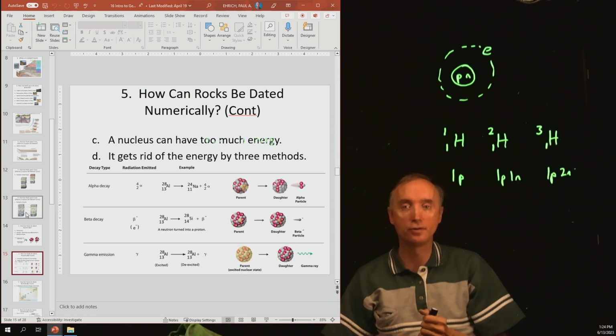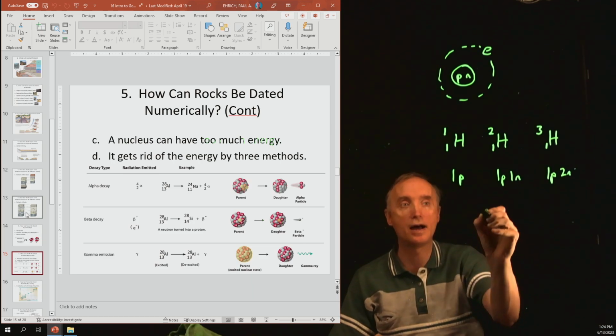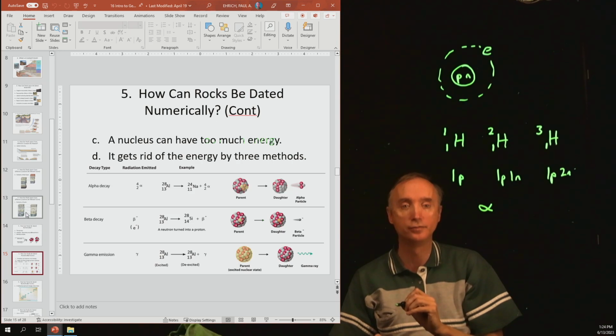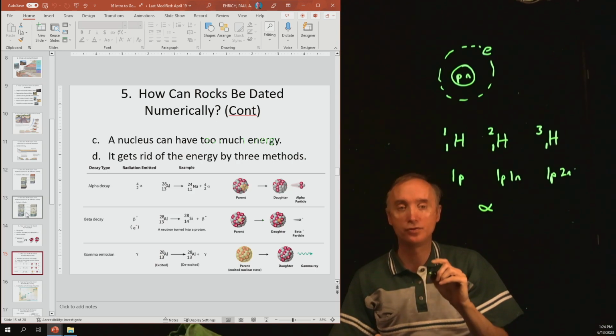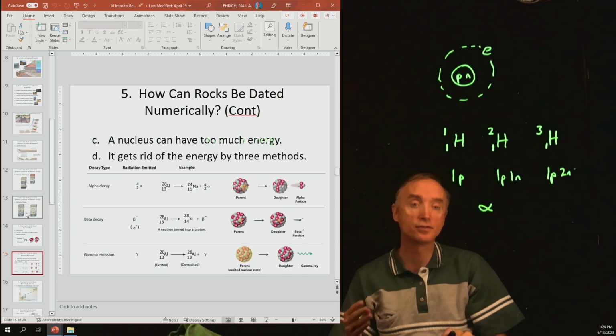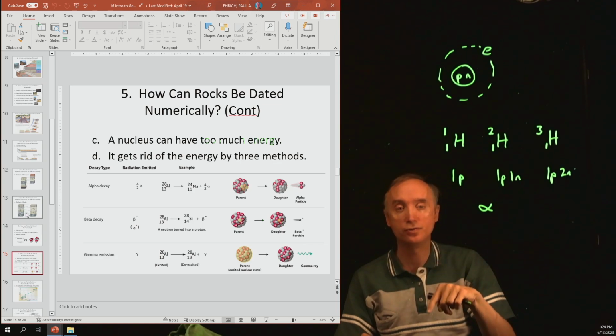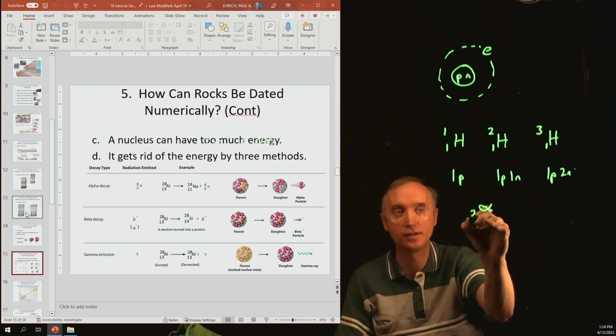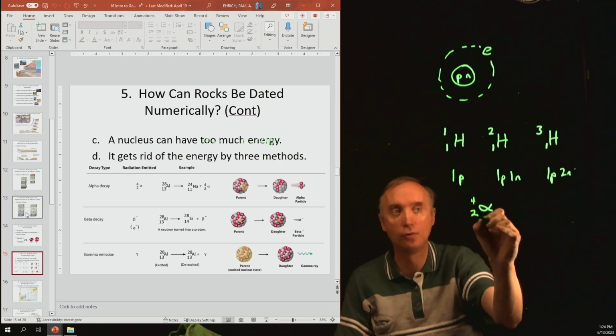One particle that can be given off is called the alpha particle. That's the Greek letter alpha. It's going to have two protons and an atomic mass of 4. So 2 protons, 2 neutrons, 2 plus 2 is 4. So we're going to say it's got a 2 and a 4.